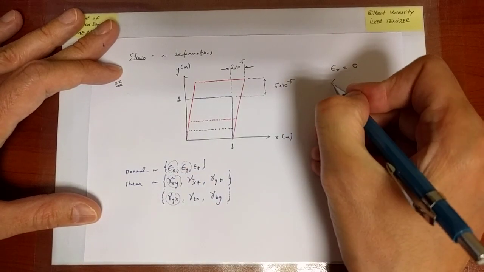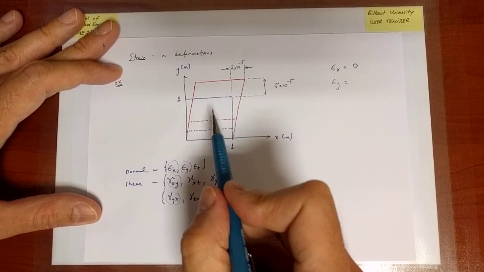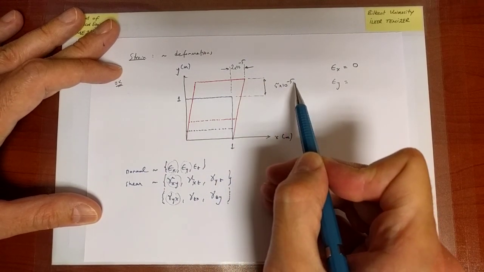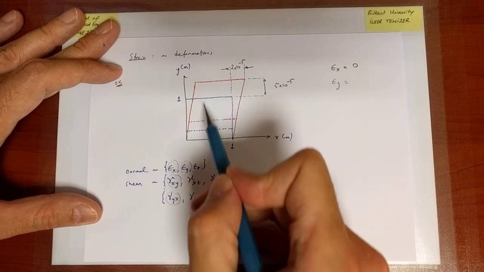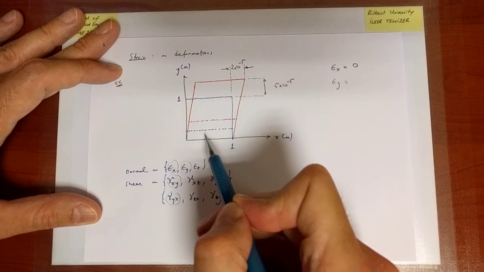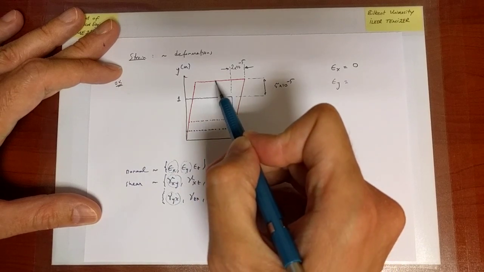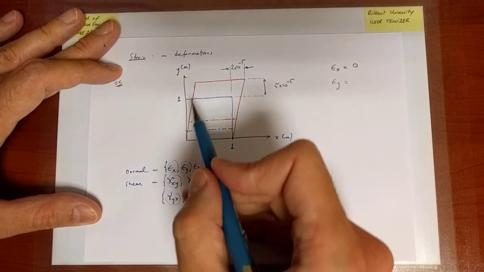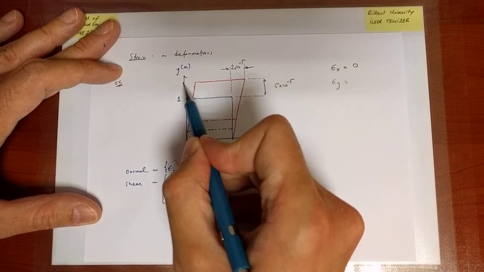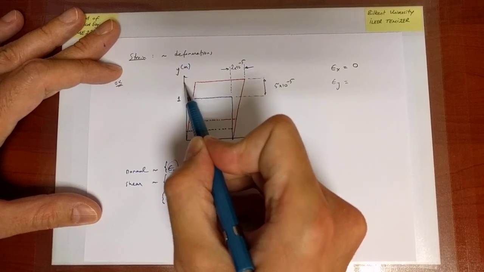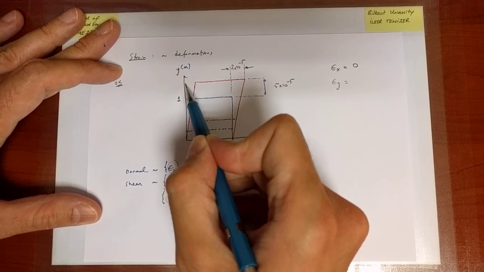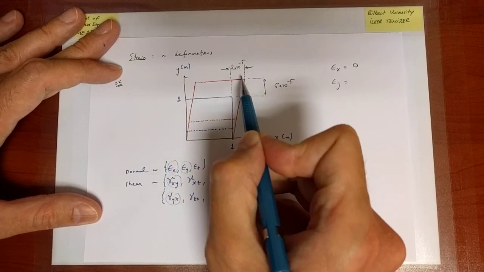Now, for the y direction, there is an elongation by a certain amount. So a line that I draw is not going to preserve its length. It will change its length. It's going to elongate because I'm pulling along the y direction. Notice that the length after deformation is influenced by the amount by which I shear this plate.